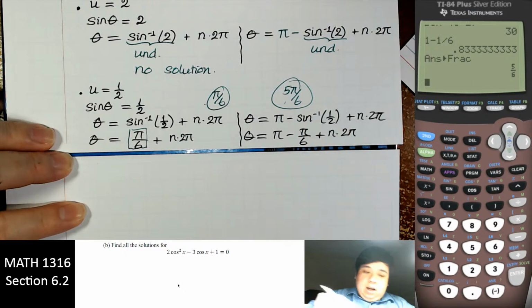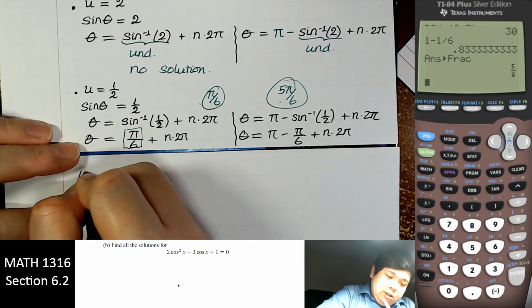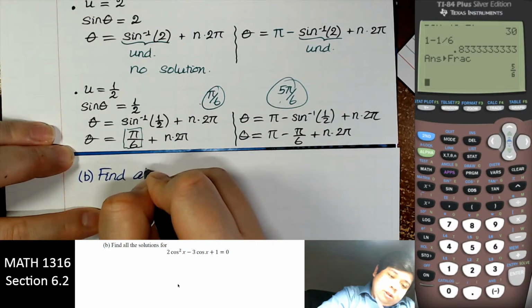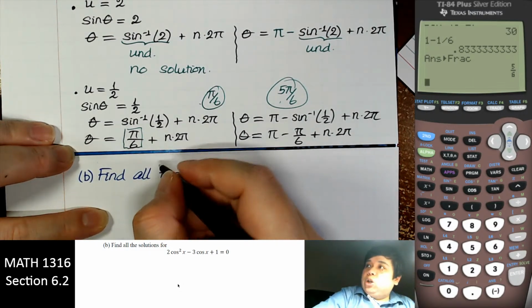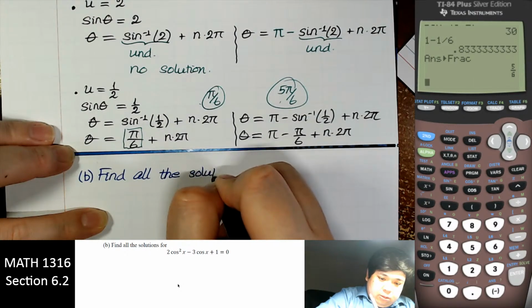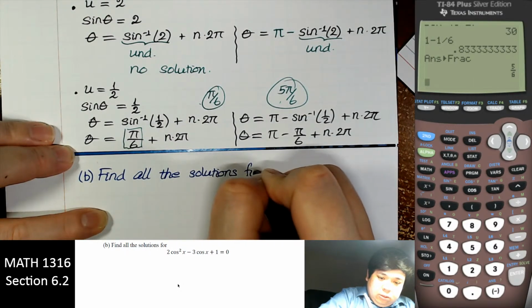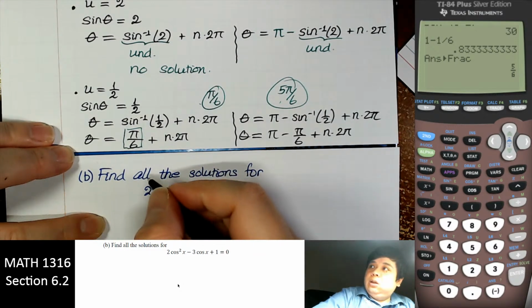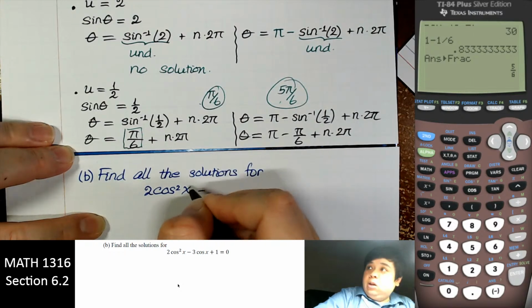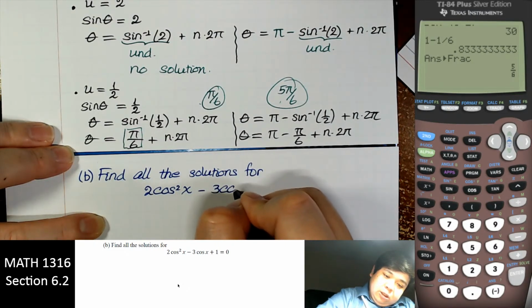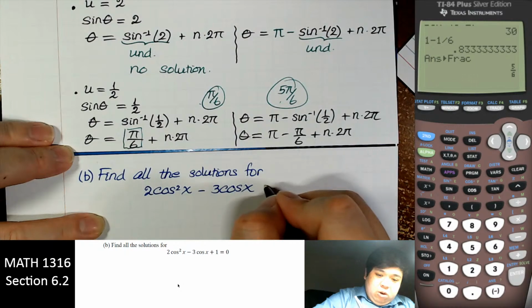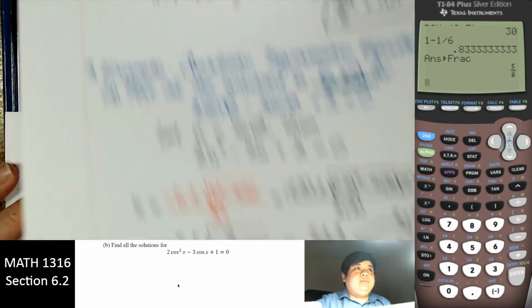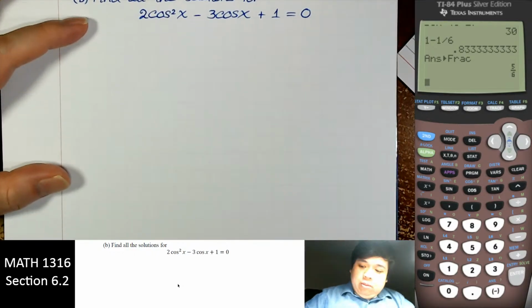Right. Next. Find all the solutions for 2 cosine squared x minus 3 cosine x plus 1 equal to 0. Right. Same thing.